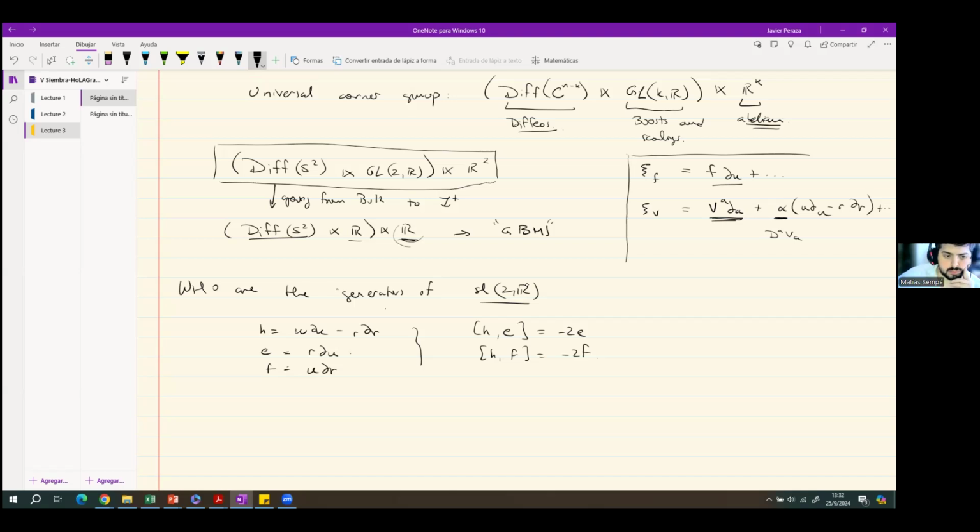Yes, may I ask a related question? Is this known how to do? I mean, this last question that you posed. How is it done? Okay, so the W1 plus infinity is an established symmetry at null infinity.